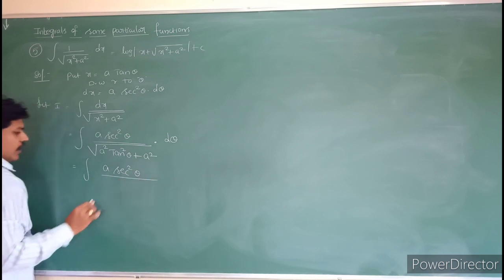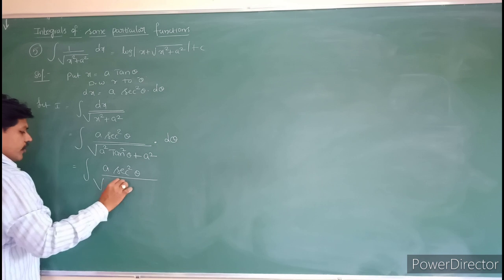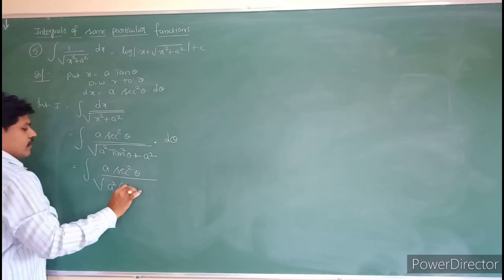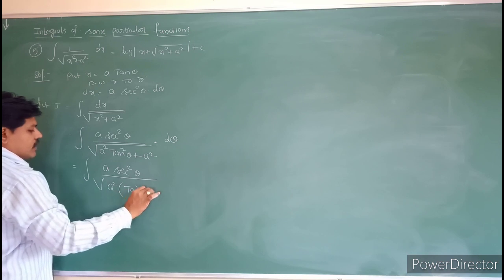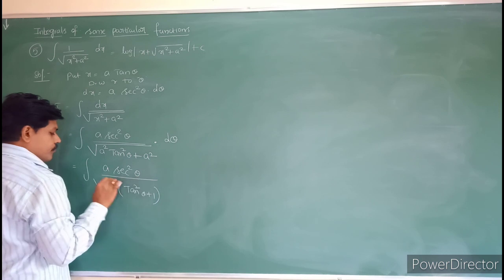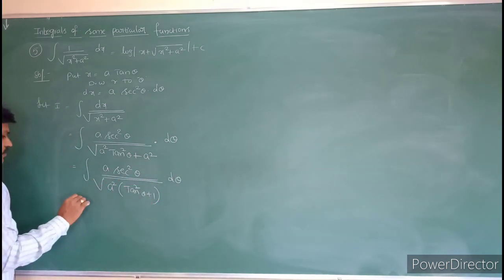secant square theta by root of, you can take the a square common. If you take the a square common, what happens? That is nothing but tan square theta plus 1, into d theta. So what happens?